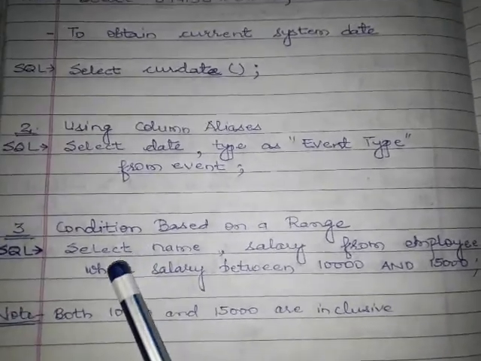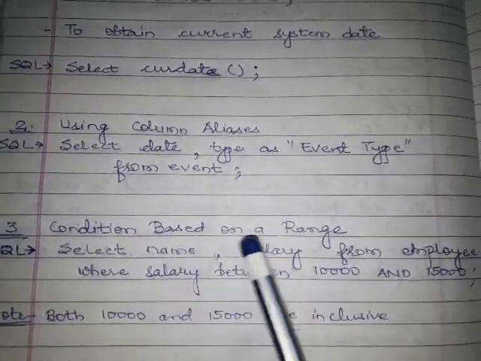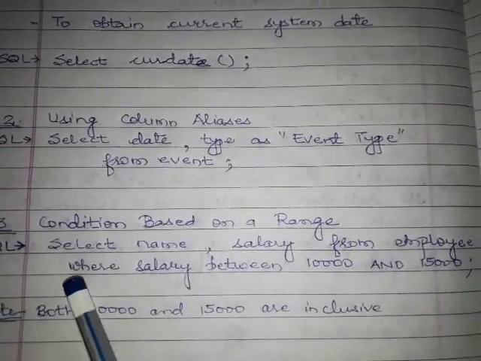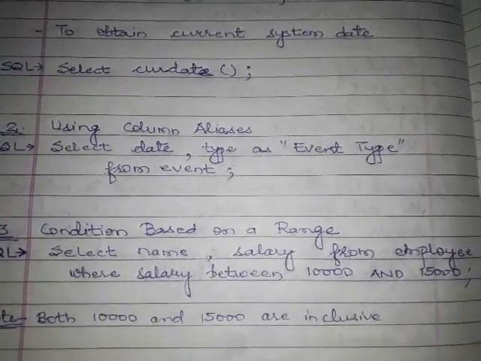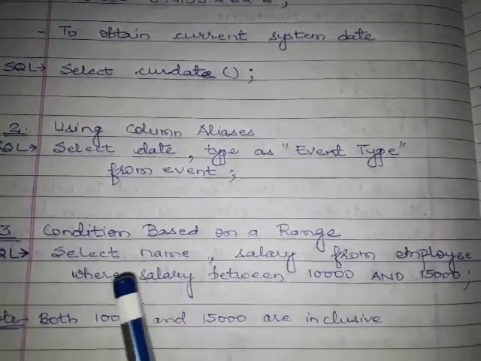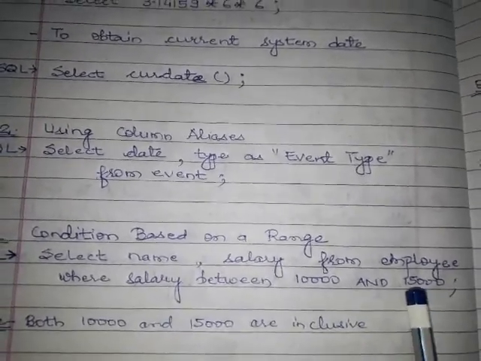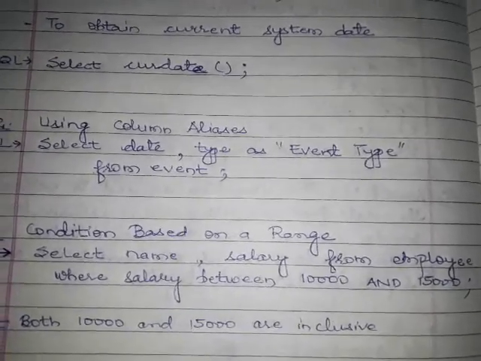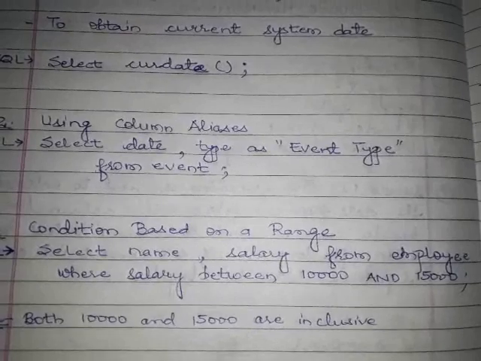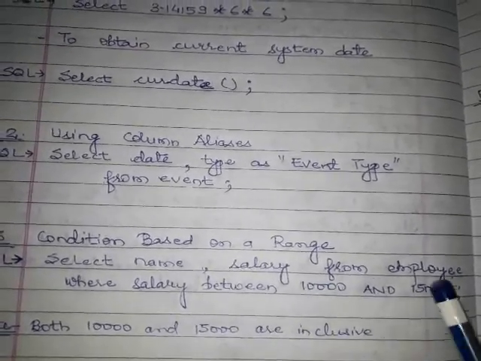So this is the query: SELECT name, salary. These are the two columns FROM the table employee, and we are applying a condition on the column salary, WHERE salary BETWEEN 10000 AND 15000. It will display the name and salary of all those employees whose salary is between 10,000 and 15,000. 10,000 and 15,000 both are inclusive.